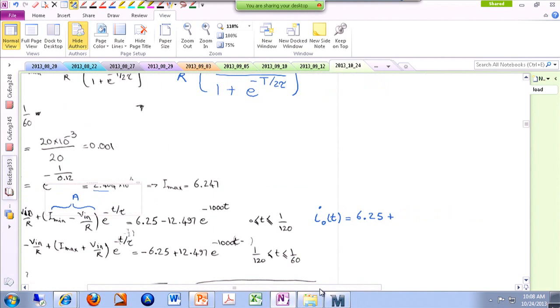So this would be, as it turns out, and I mentioned it earlier, A is a negative value, so it's a negative 12.497 e to the power of negative t over tau. Tau is 1 over 1,000, so 1 over tau is 1,000. All right.